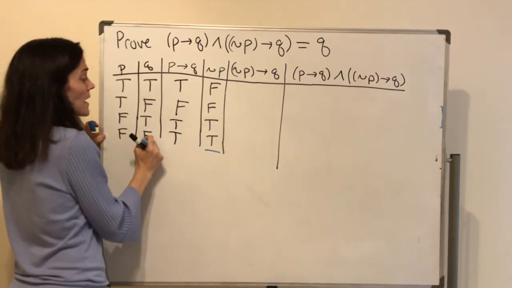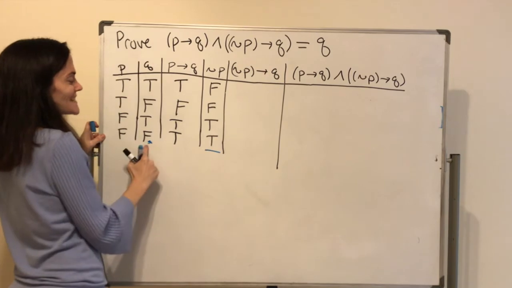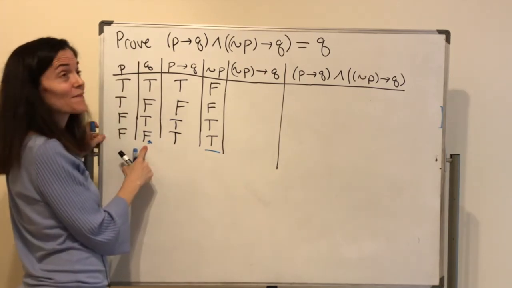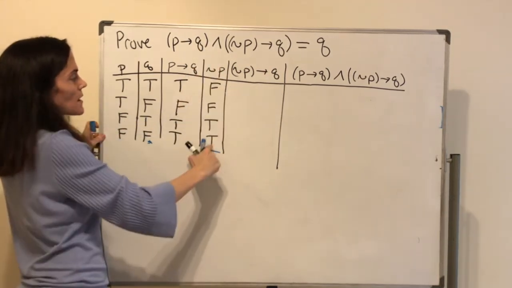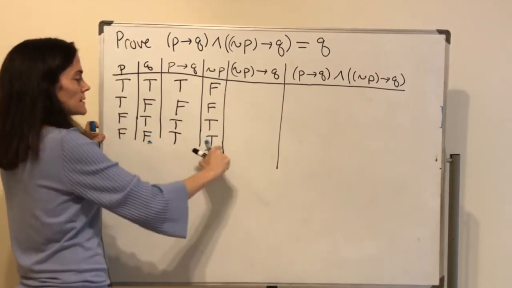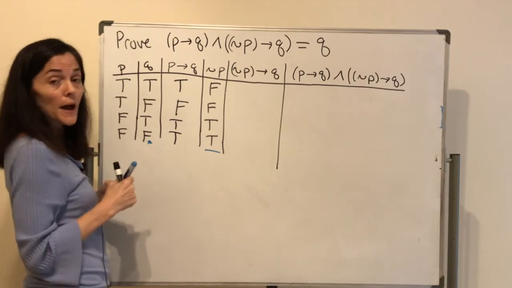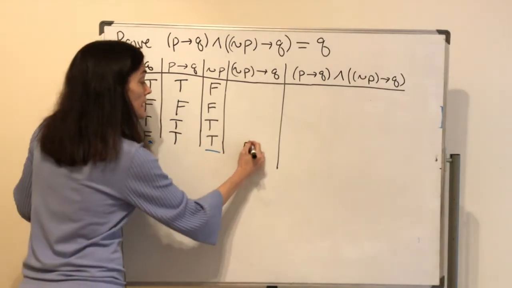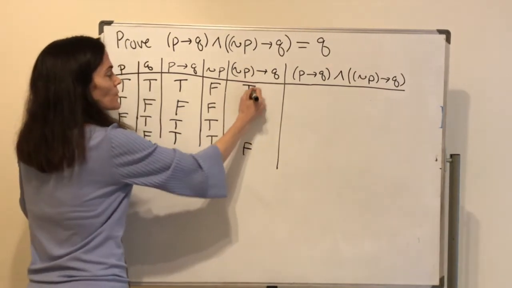And then I look at this column. This column implies this column. Again, I'm looking where I have a false. It will be in this column where I see a T, but over here I see an F. And you see this is the bottom row. So this is false here, and it's true everywhere else.